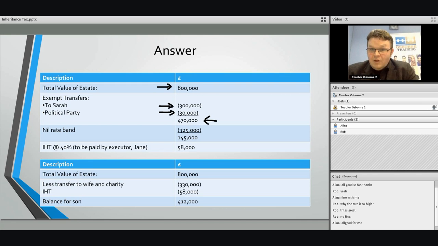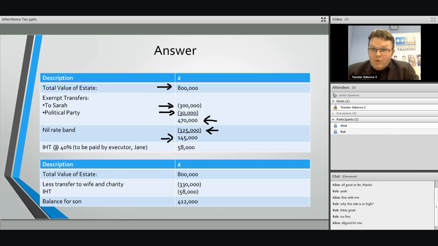of non-exempt transfers. Now what we cannot forget is the nil rate band. Because this is the 16-17 tax year, you can see here that the nil rate band is £325,000. So we simply deduct £325,000 from the 470 to give us £145,000. So that's the actual amount that will be charged IHT.